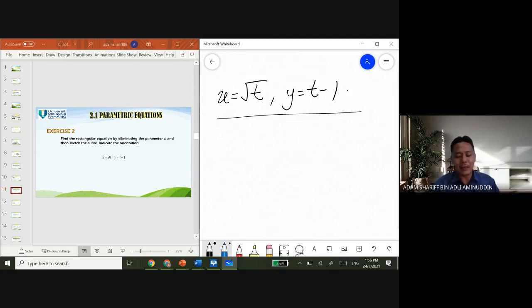Jangan tengok jawapan lagi lah. Cuba sendiri dulu. Walaupun jawapan dah ada. Saya boleh je ambil daripada tutorial tapi lebih cepat kita tengok jawapan dengan lukisan yang dah sedia ada. Okay. Saya nak tahu kalau you use elimination of t, y sama dengan benda dalam sebutan x.